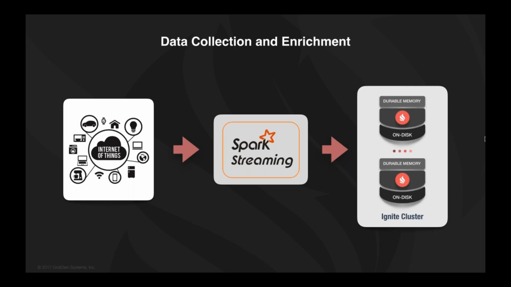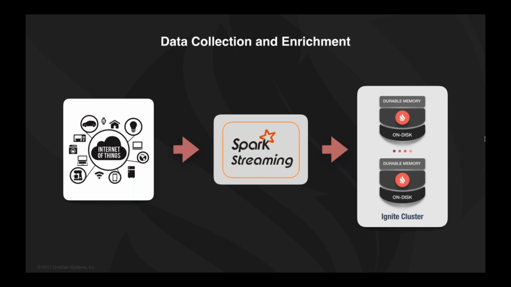Spark Streaming is capable of receiving and processing streaming data in real time, and you are able to distribute the workloads and the processing across all the resources you have. This module was delivered to the market not that long ago, but this is something that you can easily tap into if you just want to build a data collection and enrichment layer for your IoT applications.